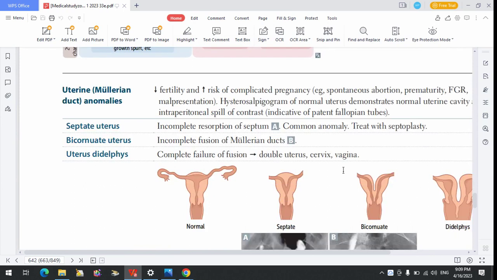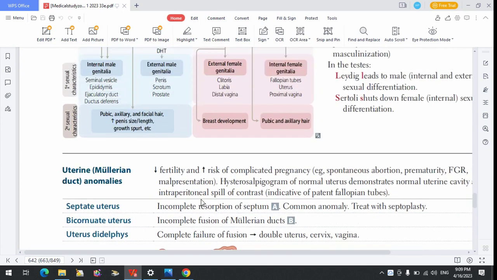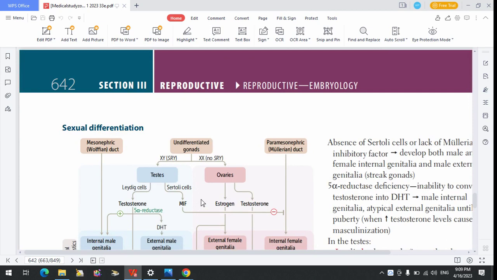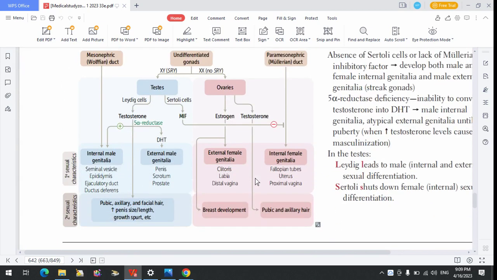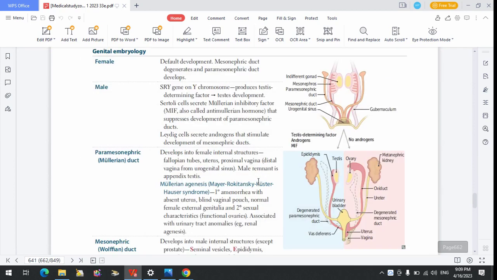Okay, let's say these are the paramesonephric ducts that are running downwards like this. So this proximal area, they do not fuse.